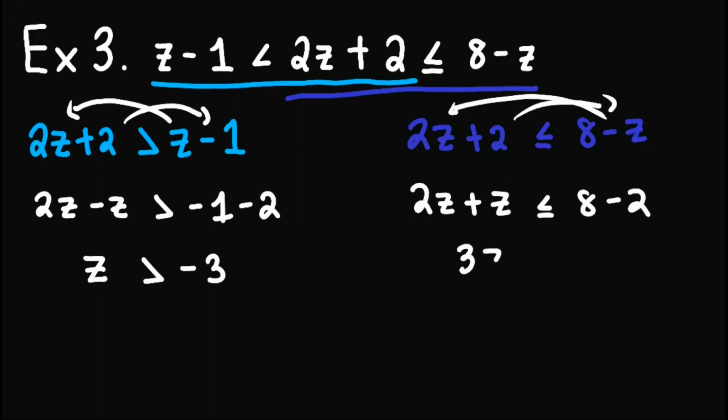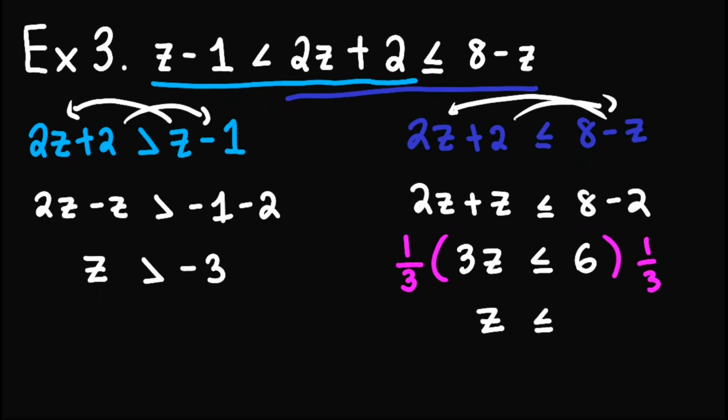Simplifying, we'll obtain 3z is less than or equal to 6. Then we divide 3 both sides, or technically we multiply 1 over 3 both sides, and since 1 over 3 is positive, there will be no changes in the inequality symbol. So we'll have z is less than or equal to 2.